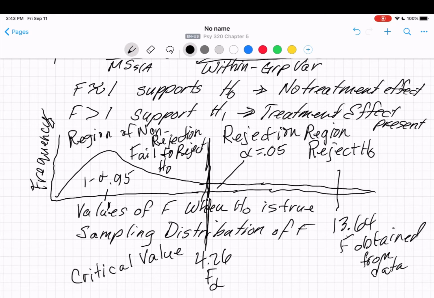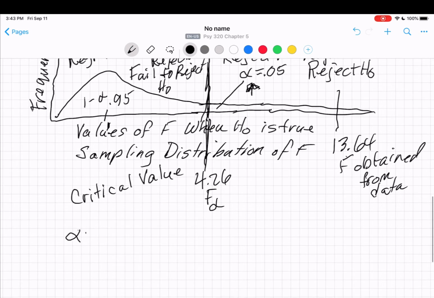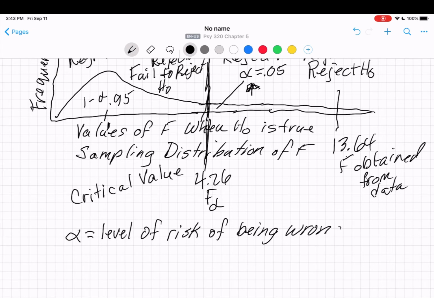Okay, and so you can see I used this alpha. Alpha is what we set as our criteria.